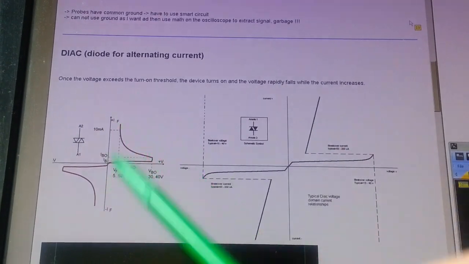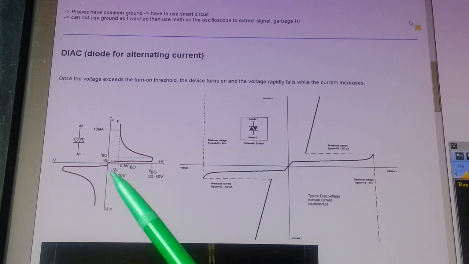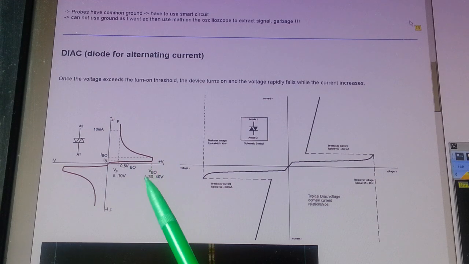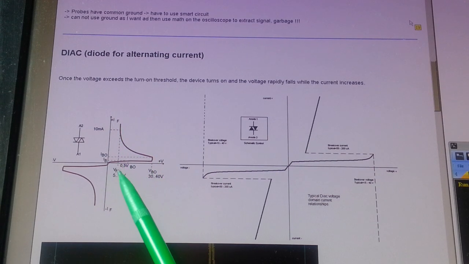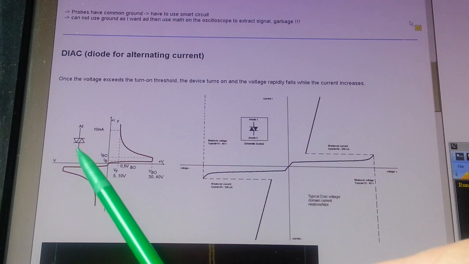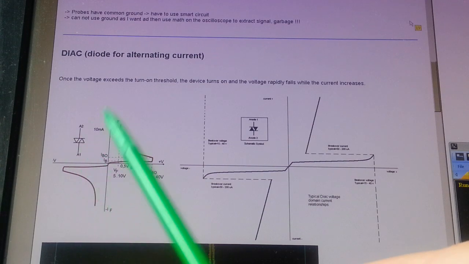We have the voltage here and we have the current. The voltage increases until it reaches the breakthrough point, and then we have a slow decay to the forward voltage. The same is for the opposite side, because we have two of those connected in opposite directions.